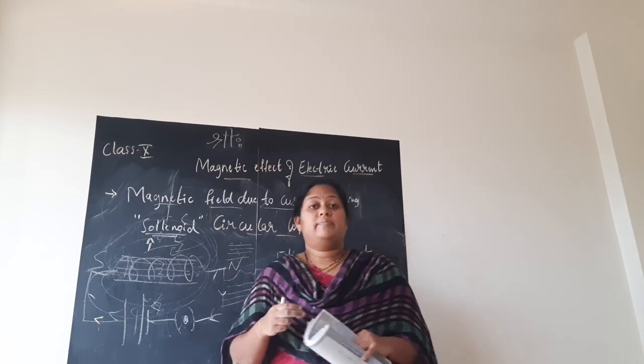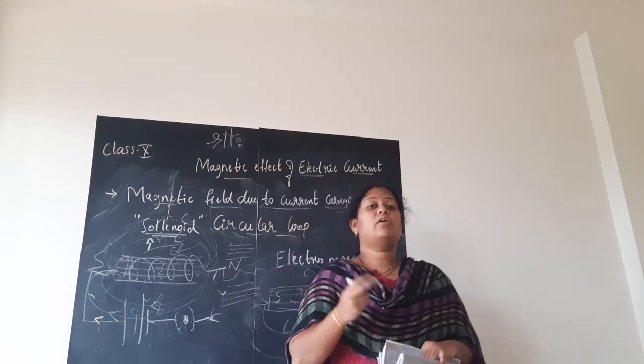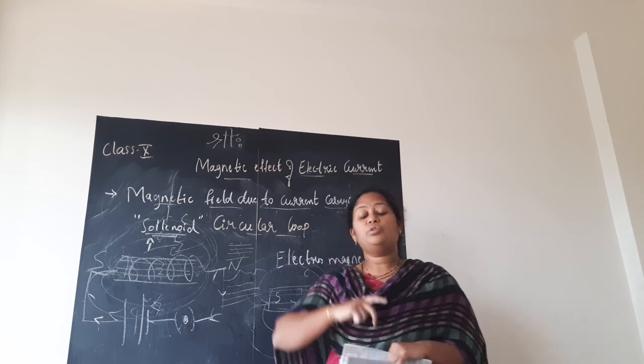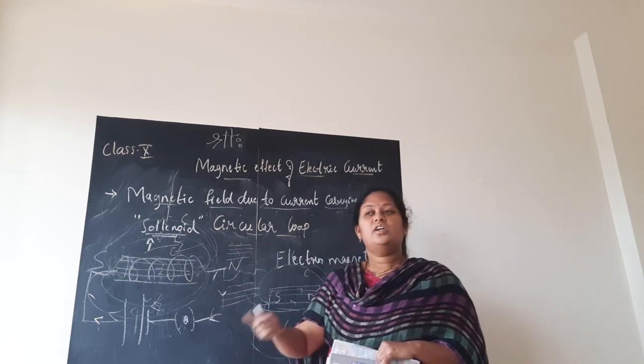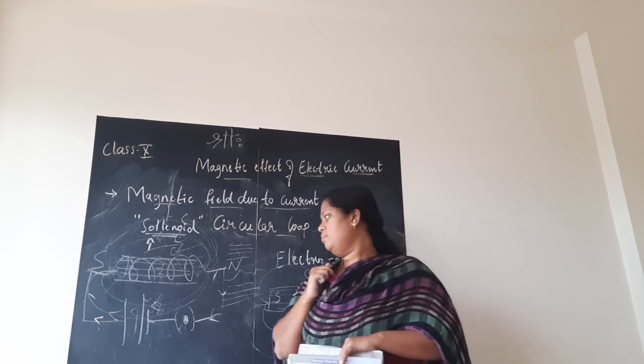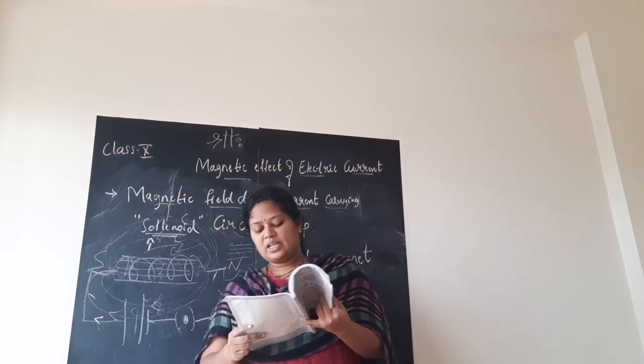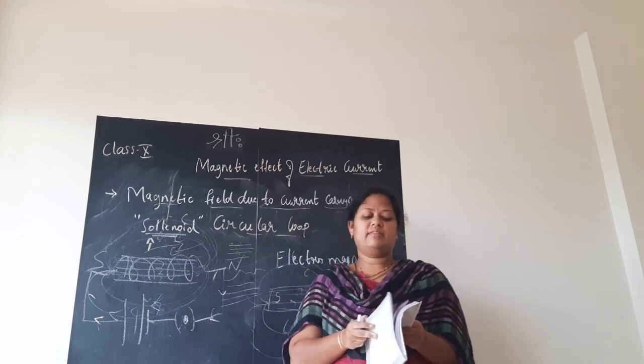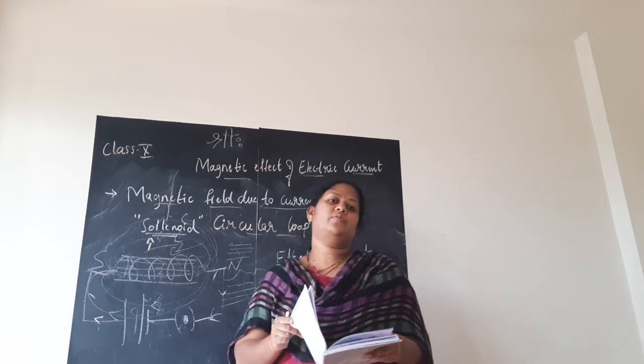If I give you a soft iron core, how do you magnetize it? If they ask you, you should come back to the solenoid concept. So there are many possible ways of asking questions in this topic alone. This is very important. So please go through the textbook once again.